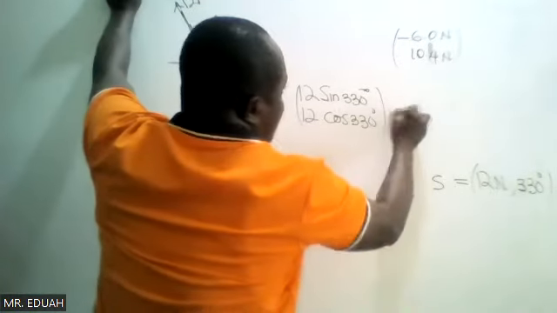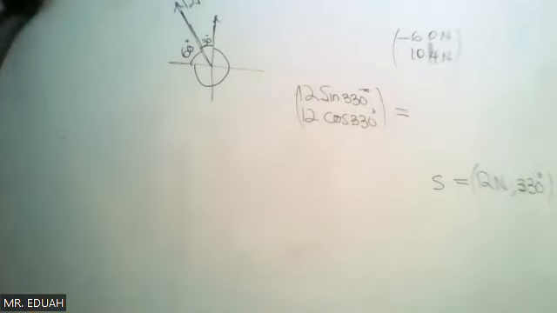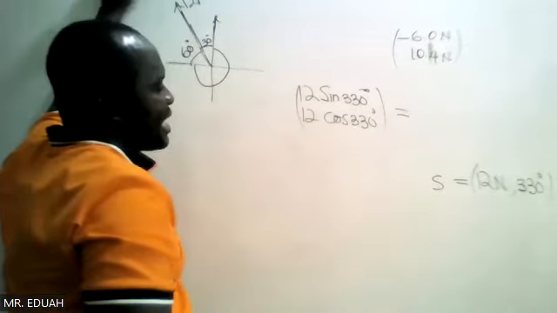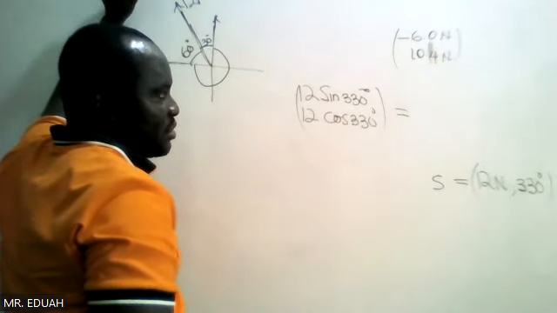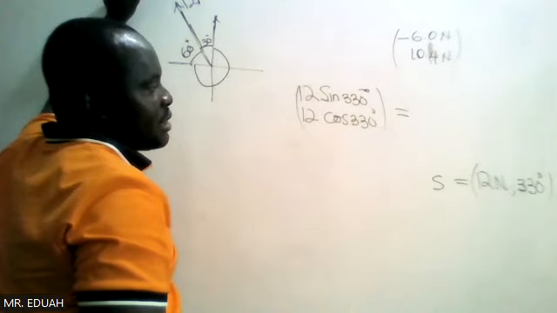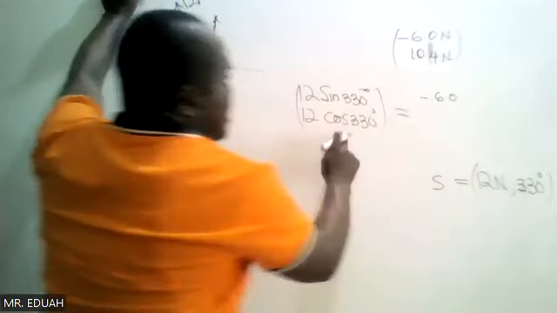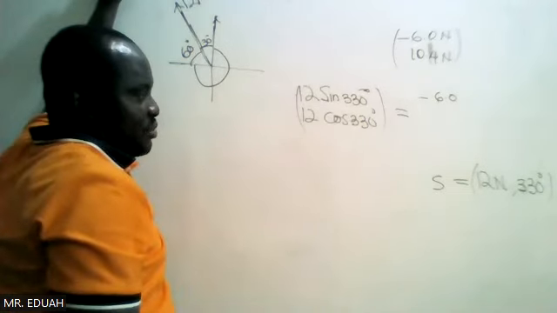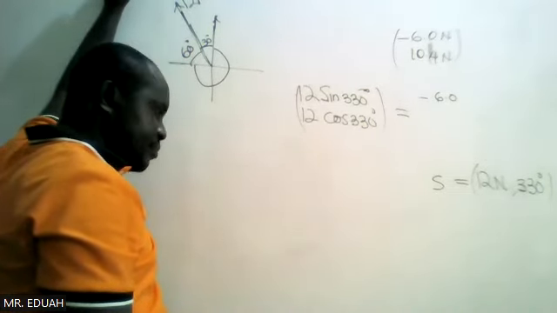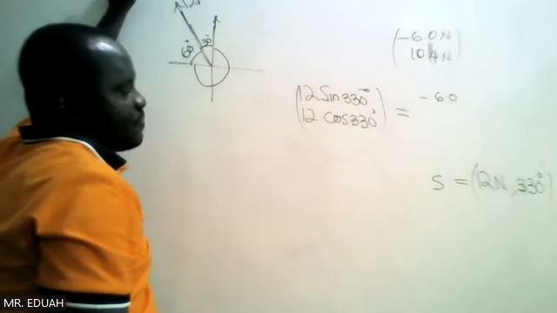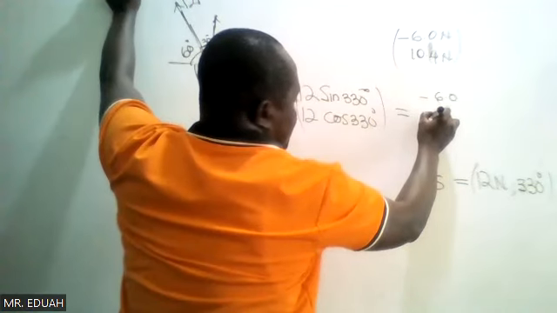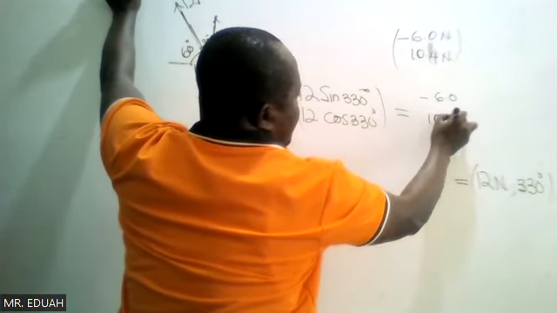So 12 sine 330 is 12 times 0.5, so this is -6. Then 12 cos 330 is 10.3924.